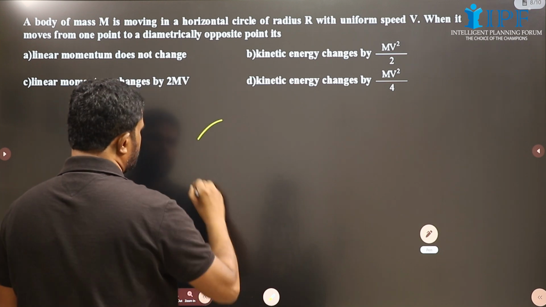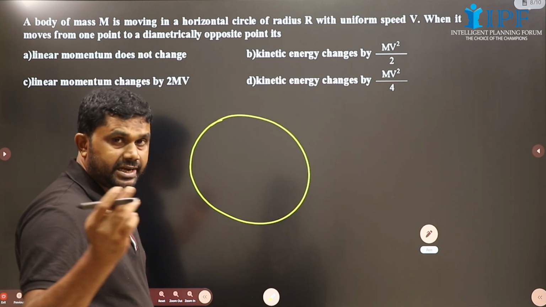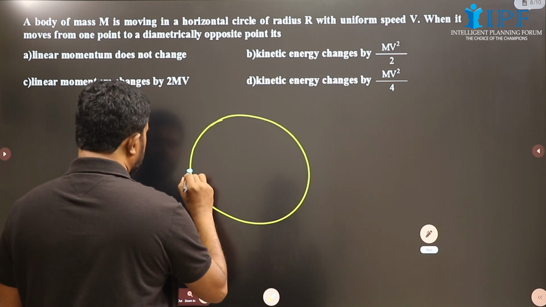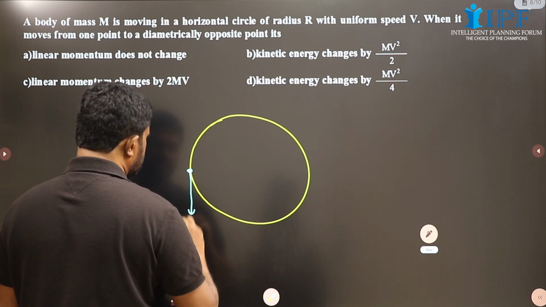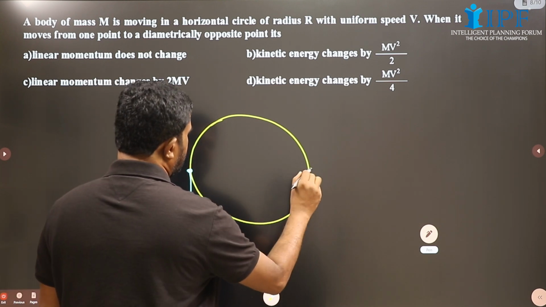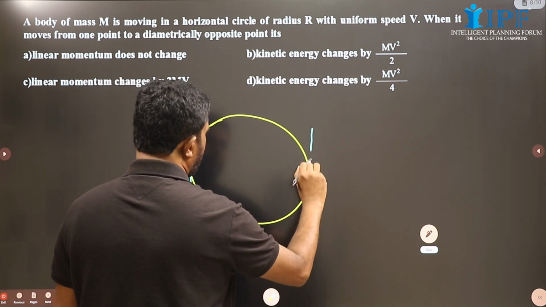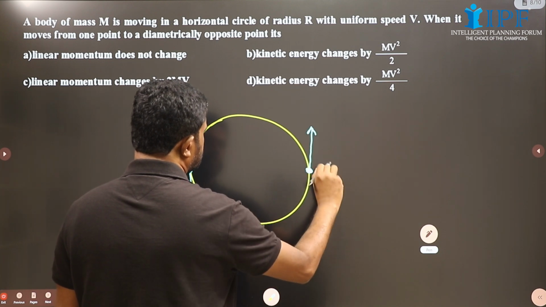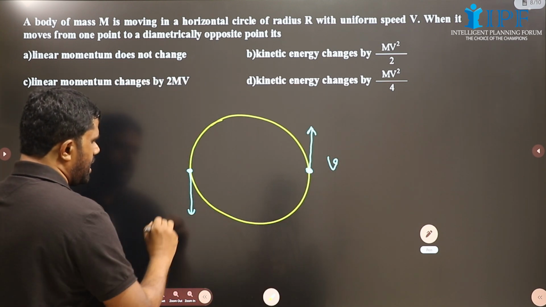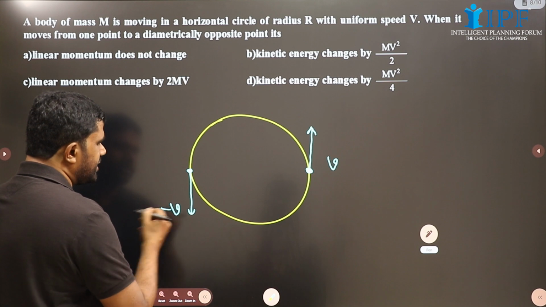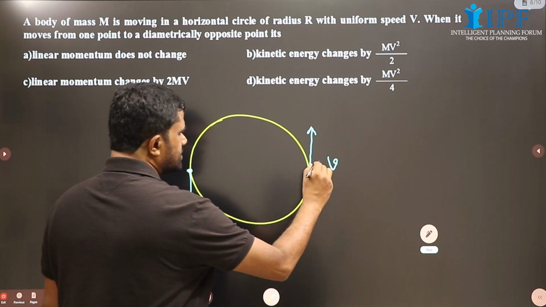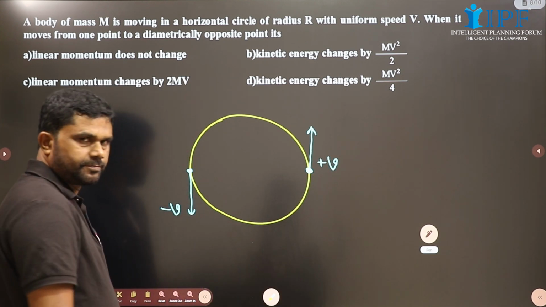When it moves from one point to a diametrically opposite point, here this is the velocity, and at the diametrically opposite point, this is the velocity. This is directed downwards, let me take it negative. So this must be directed upward and it is positive.